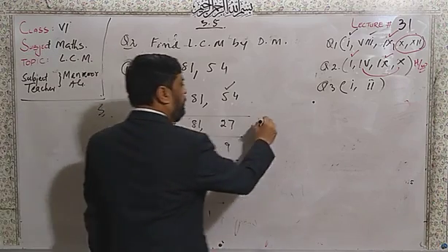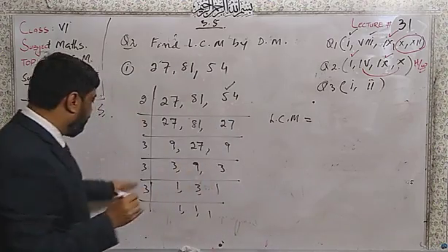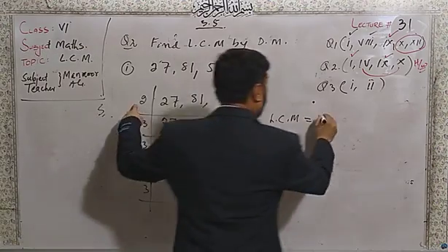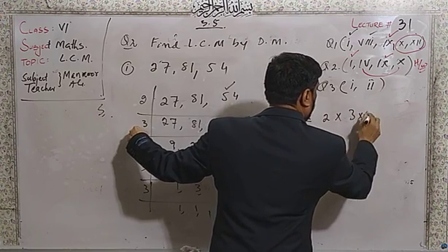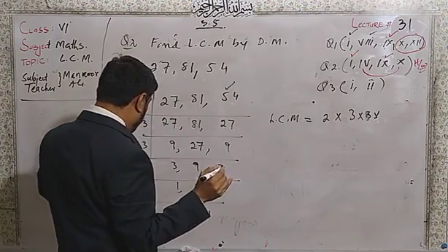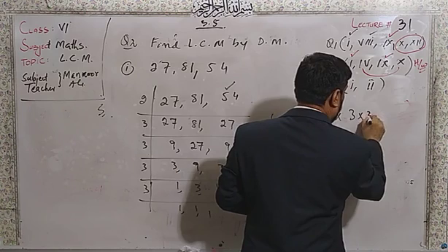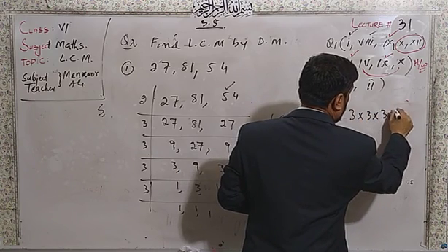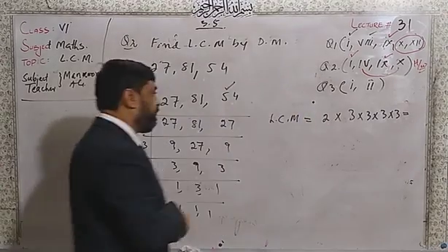Now, the time to find the LCM, that is equal to all the factors I will multiply. 2, 3, how many 3s? 1, 2, 3, 4, 4 times. I will write the 3 four times, and 2 one time.